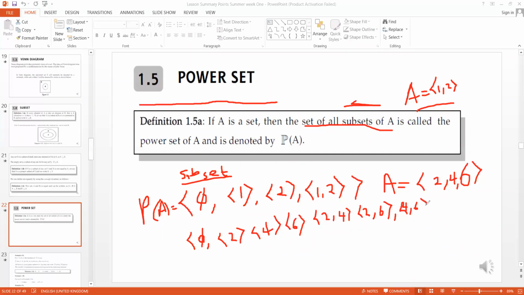And then the final one will be 2, 4, and 6. Okay, so these are all the possible subsets of the set A in the second example. So that is the power set of the set A. Good.